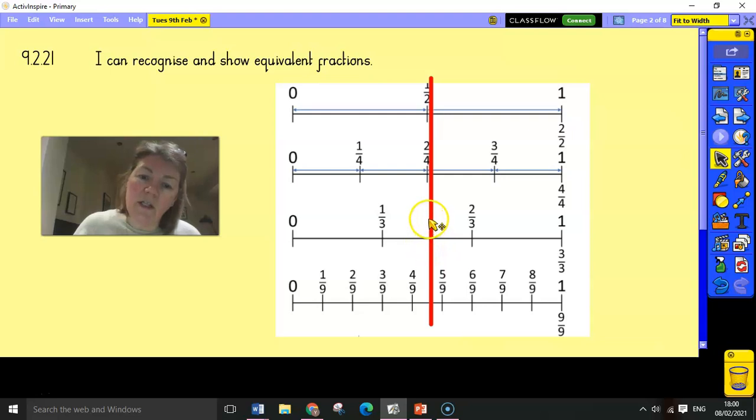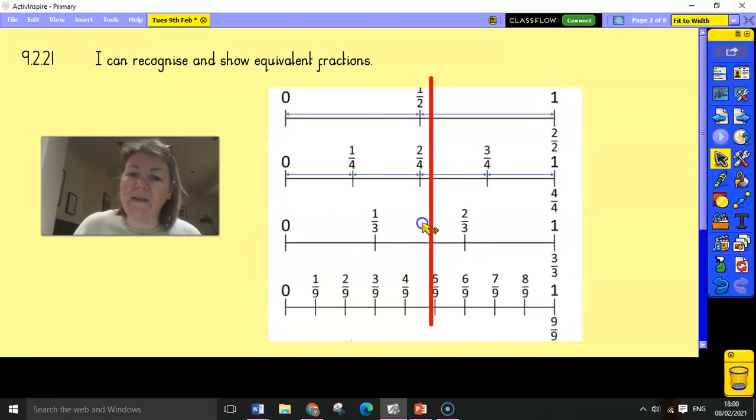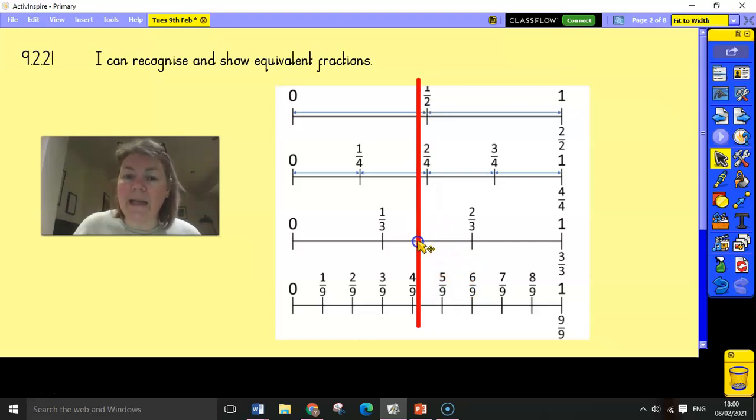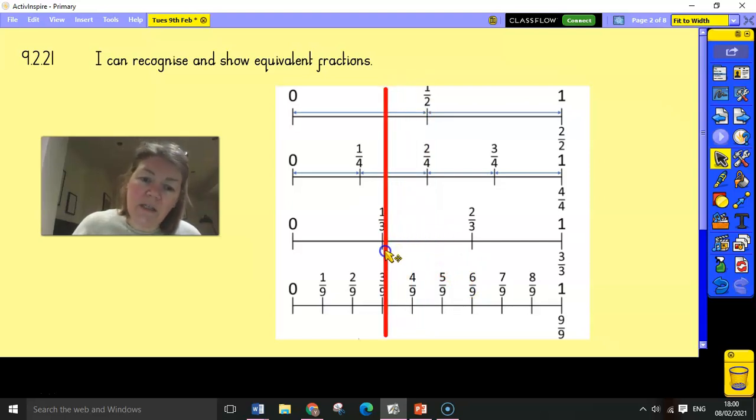It's not equivalent to any thirds though, because it sits in the middle of this part, and to be equivalent it has to sit on the actual edge of the part. You can see here it's sitting right on a half and 2 quarters, but it also isn't equivalent to any ninths either.